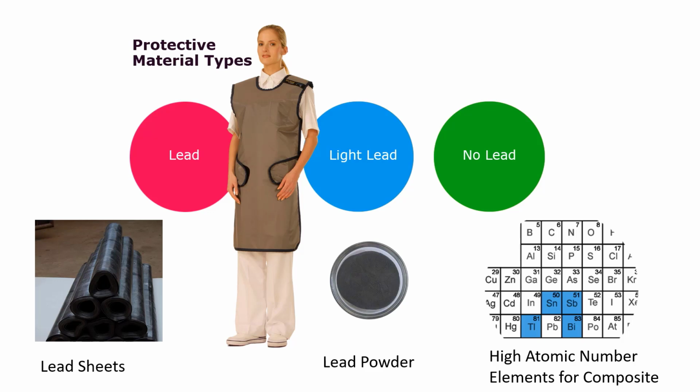So lead is the benchmark. The problem with lead is it's heavy. It is easier to wear a no lead vest than a lead vest for 7 or 8 hours. The weight of the actual apparel can cause physical damage over a period of time, such as back problems.